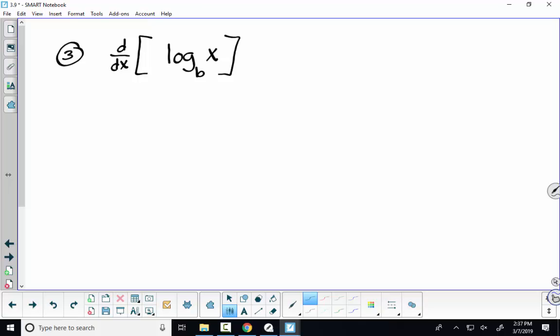And again, we don't know the derivative of that, so a property that we know is if y is the log base b of x, what does that mean? What's the equivalent way to write that equation? x equals b to the y. Right. b to the y equals x.